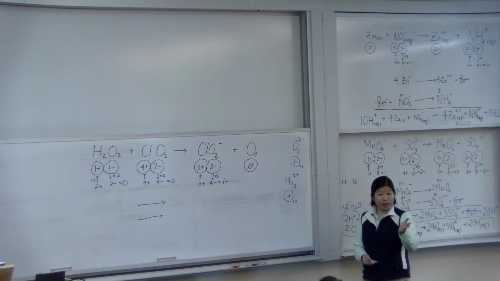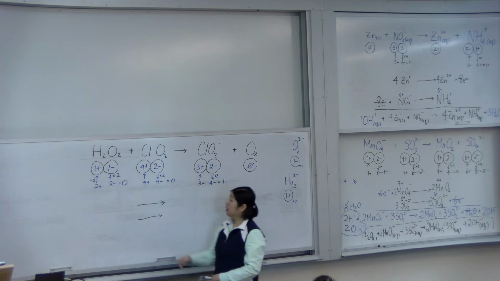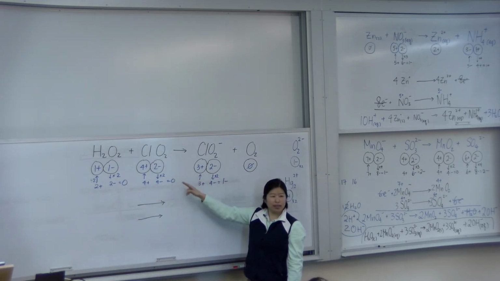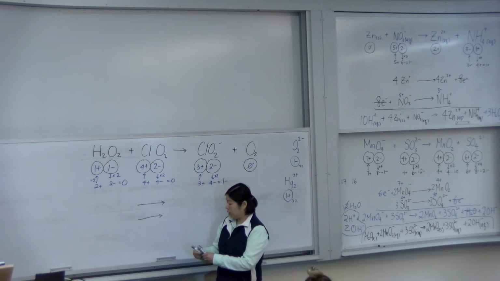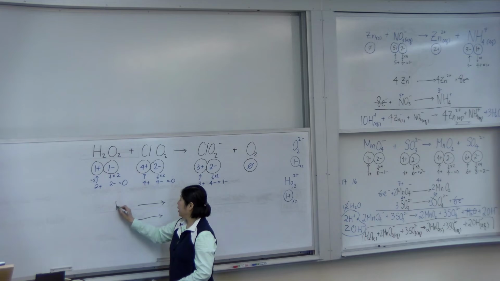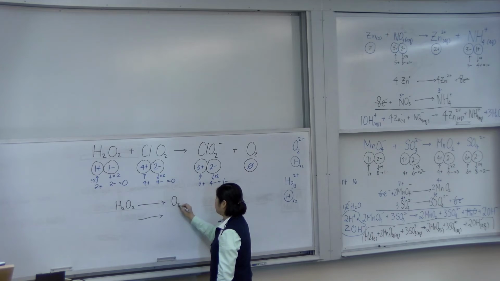Oxygen is being oxidized, right? This is 1 minus. This is 0. These oxygens aren't being oxidized, but these 2 are. So we're going to write H2O2 on this side, and we're going to write O2 on this side.